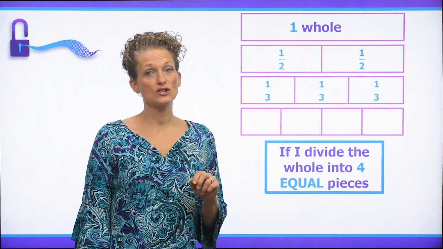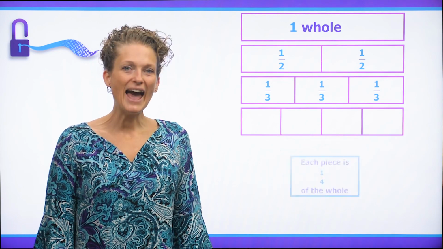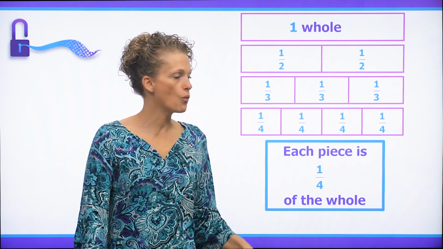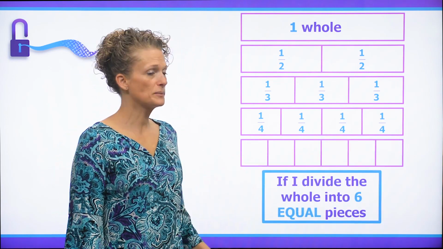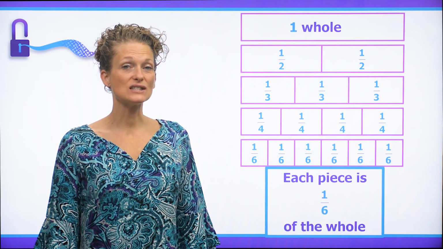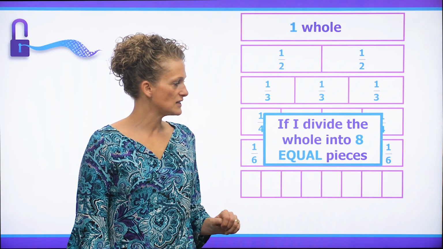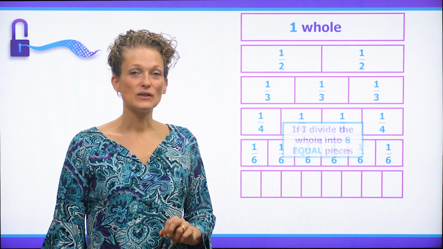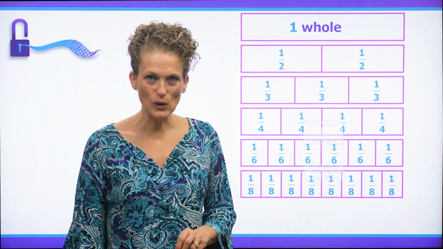Then we're going to take this strip, this 1 whole, we're going to divide it into 4 equal pieces, and each piece represents 1/4 of the whole. We're going to take the strip, we're going to divide it into 6 equal pieces, and each piece represents 1/6 of the whole. Then we're going to divide it into 8 equal pieces, so that means that each piece represents 1/8 of a whole.